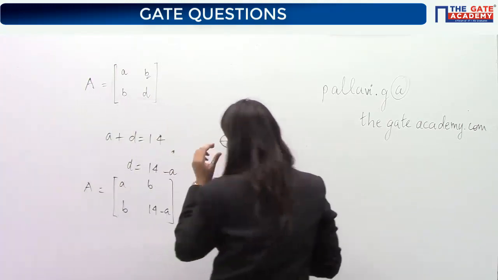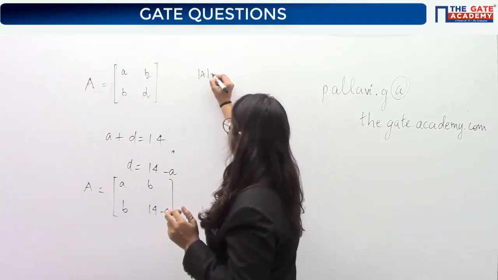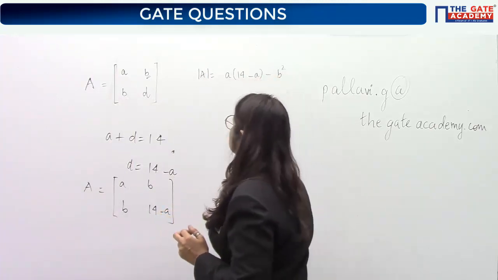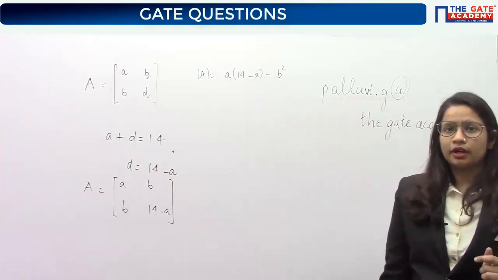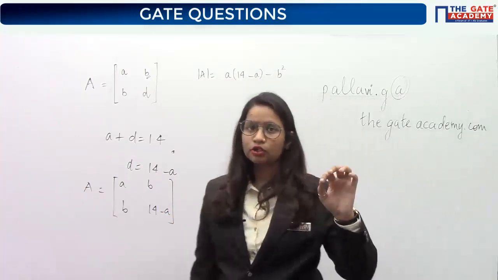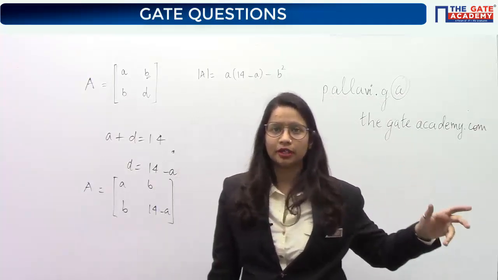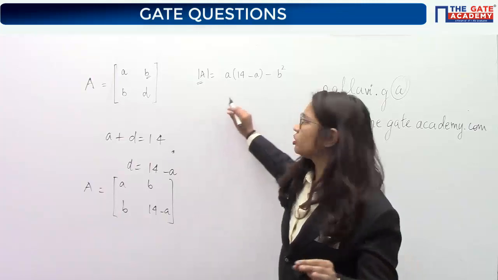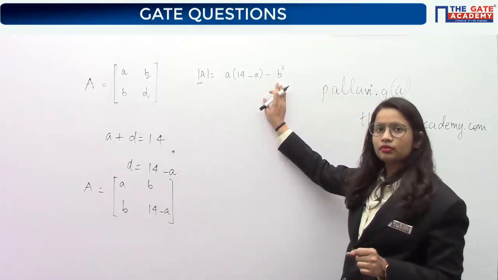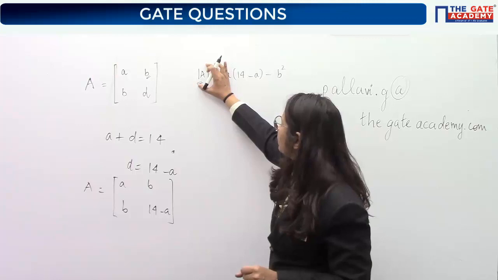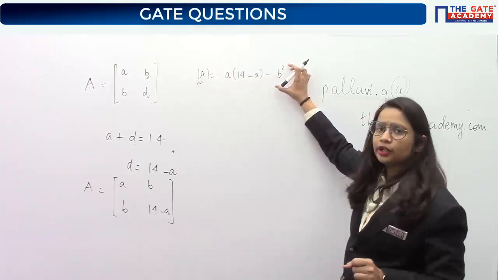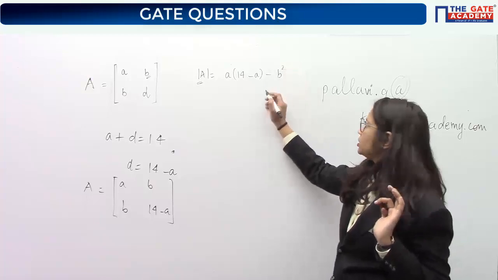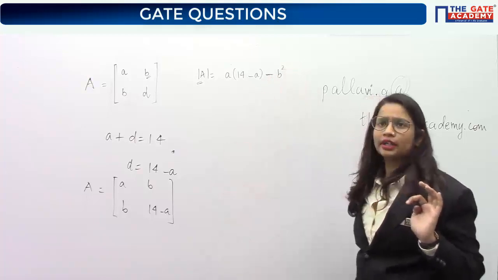Now the determinant value for this matrix will be A times 14 minus A, minus B square. What you need to find is the maximum value of the determinant. For this determinant to be maximum, what should be the value of B? B square should be as small as possible because it is getting subtracted from this quantity.